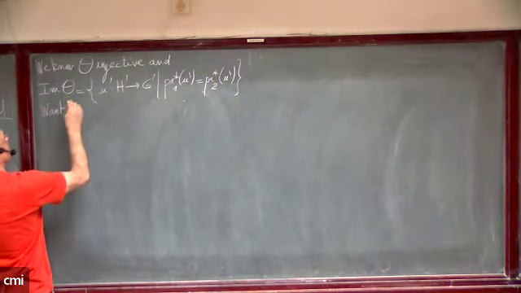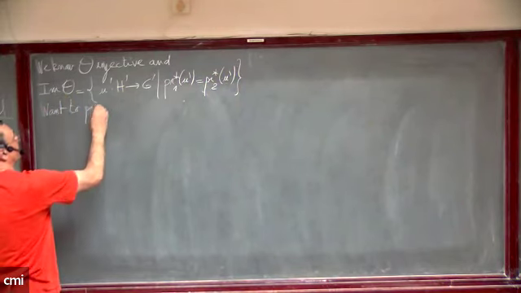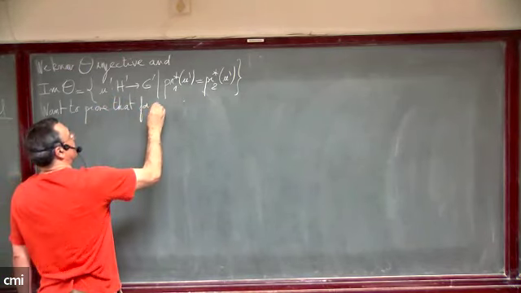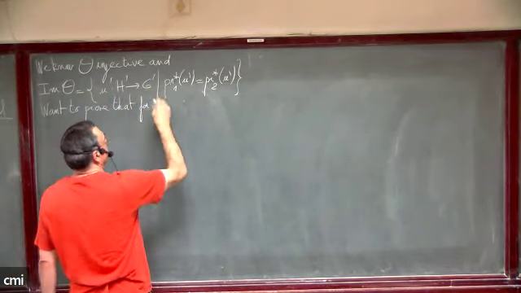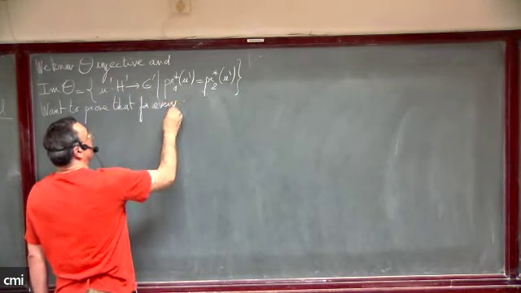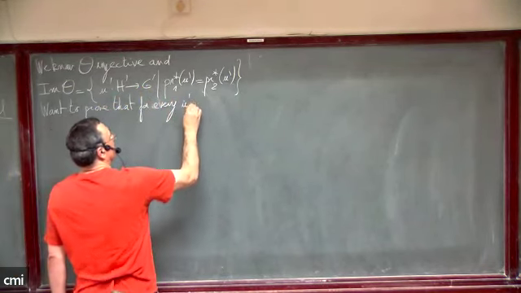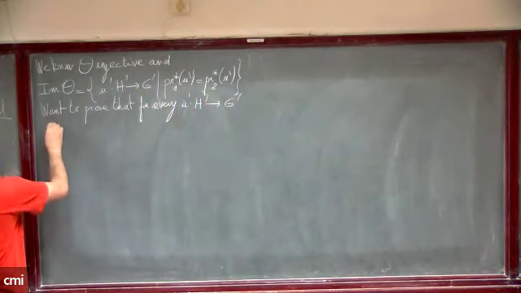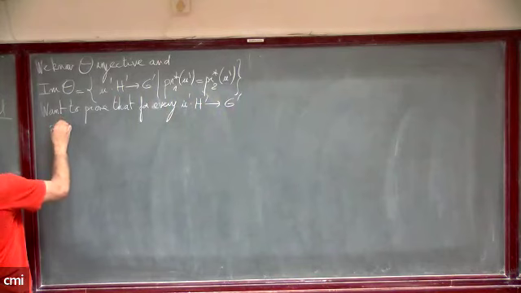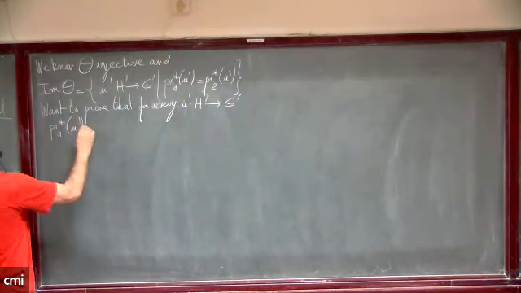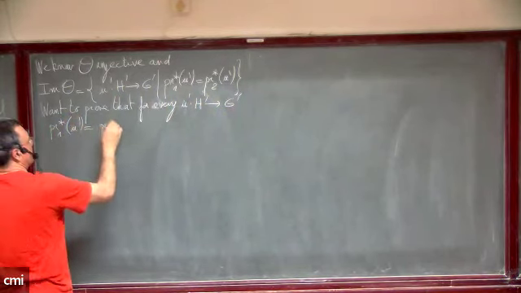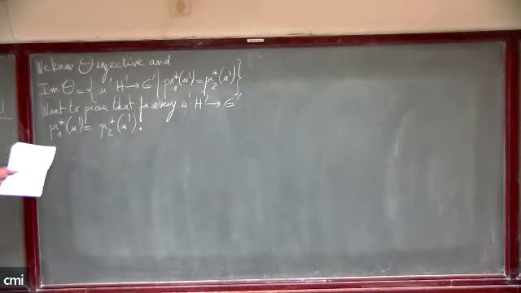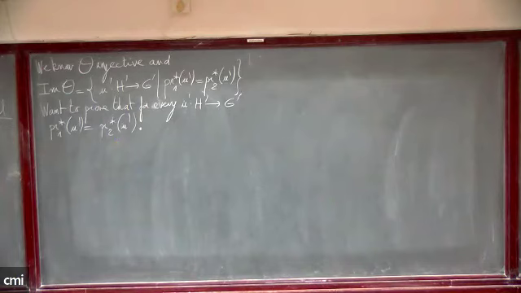So we want to prove that for every u prime, actually, we want to prove that this is satisfied for any morphism.